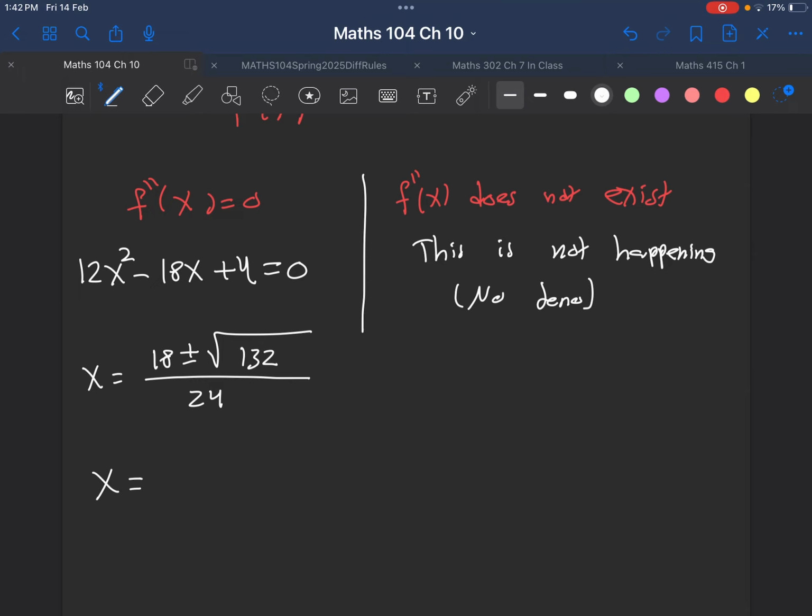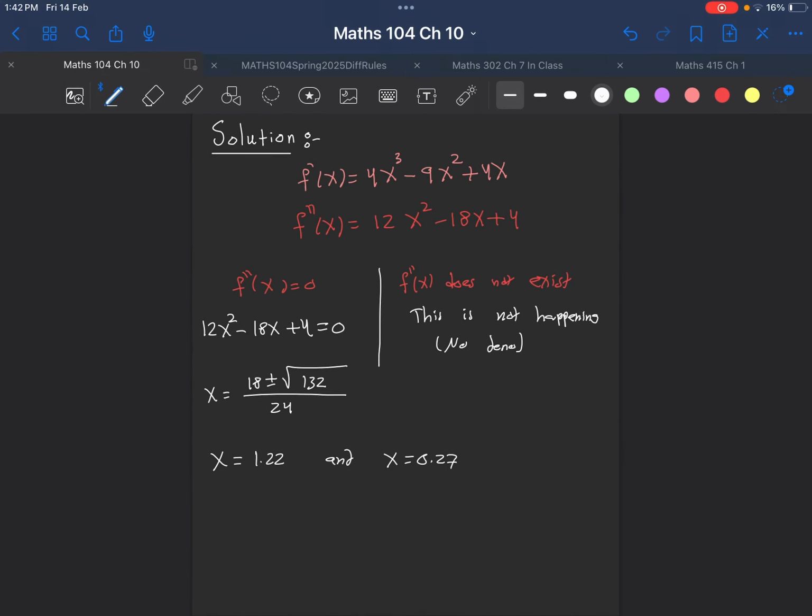So if we find the approximate value for x, it will be approximately 1.22, and the other x will be 0.27.